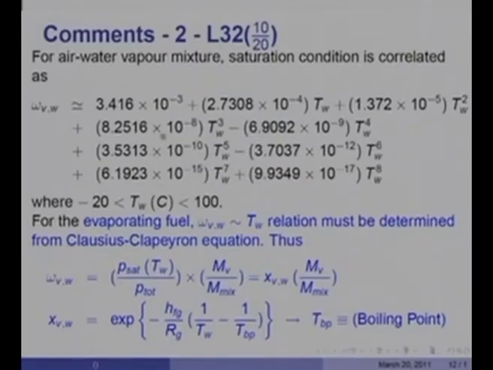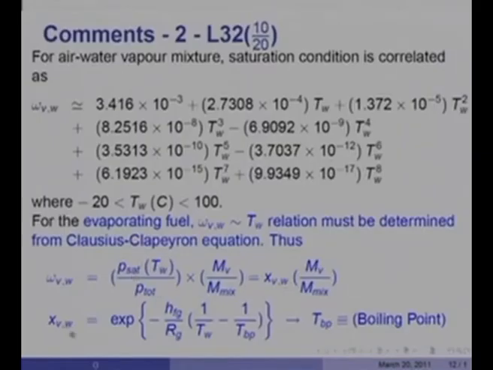Now of course, when you consider a fuel, we do not know the omega Vw, Tw relationship by way of a psychrometric chart or anything like that, and therefore such a relationship must be determined from what is called the Clausius-Clapeyron equation. In that case, omega Vw is related to Xvw into molecular weight of vapor divided by molecular weight of the mixture, and Xvw is equal to P saturation at Tw divided by P total.